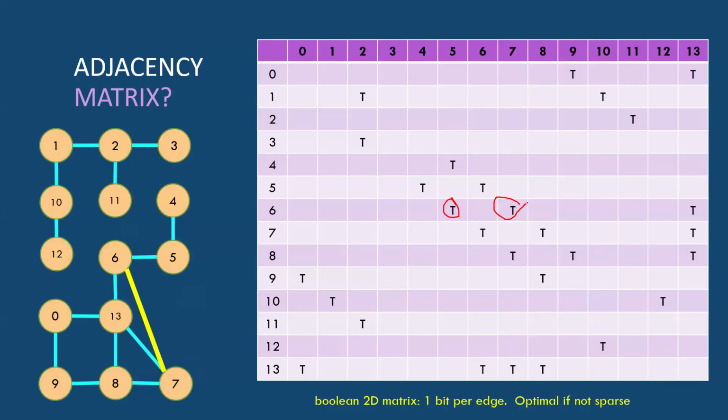True and false, I can always ask the question, is 6 connected to 7? Is 6 connected to 5? And in reality, every one of these on the diagonal should have a true there because 2 is connected to 2, 3 is connected to 3. That's implied there. But we could use a two-dimensional matrix to represent that. So that's the other of our choices there.